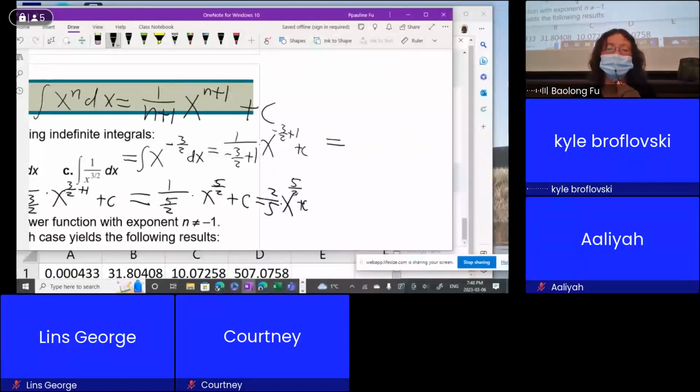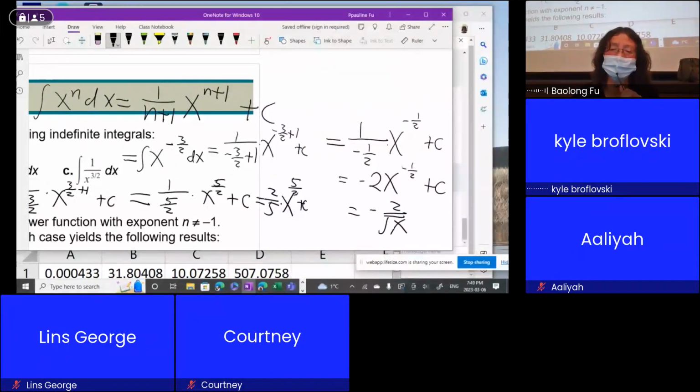So equal to 1 over, 1 is 2 over 2, so negative 1 over 2, x raised to power negative 1 over 2 plus c, equal to negative 2x raised to negative 1 over 2, or you can simplify to negative 2 over square root of x plus c.